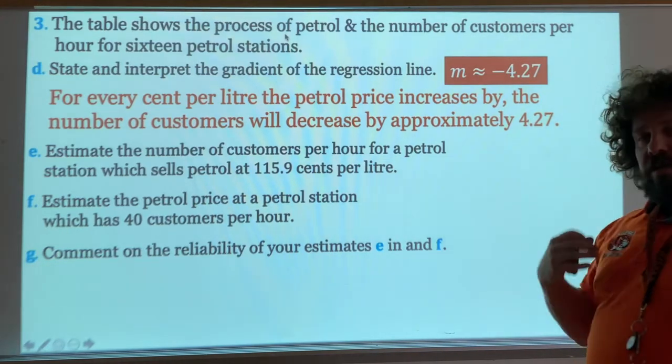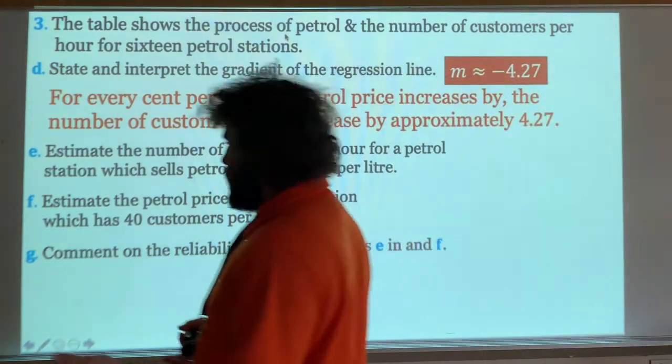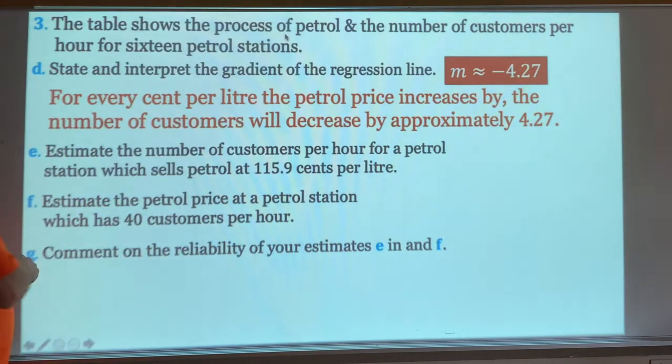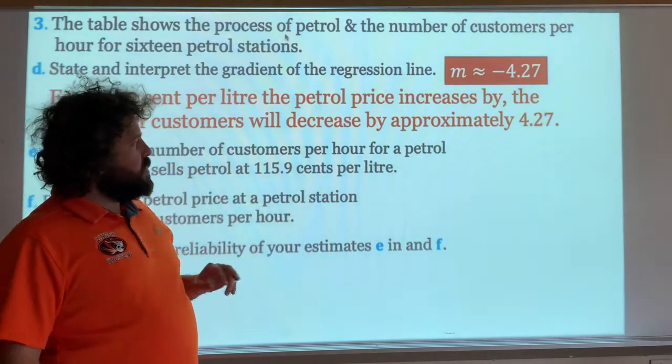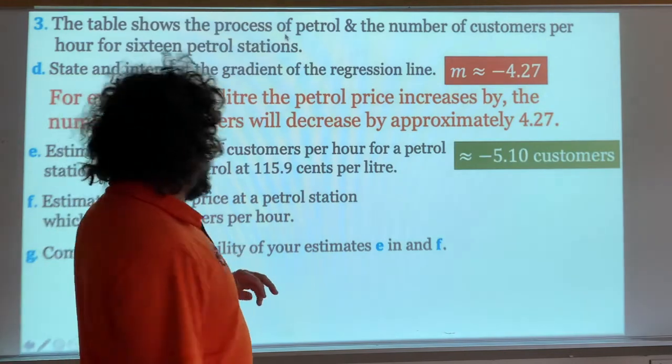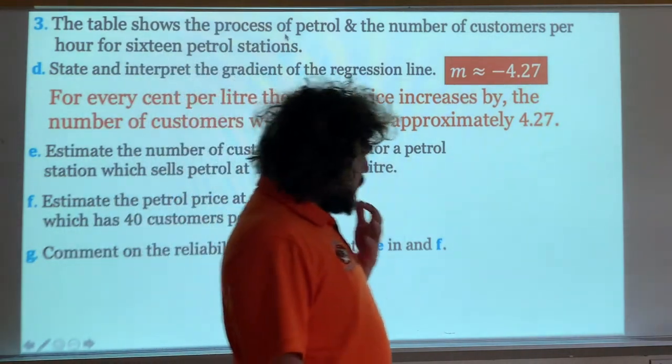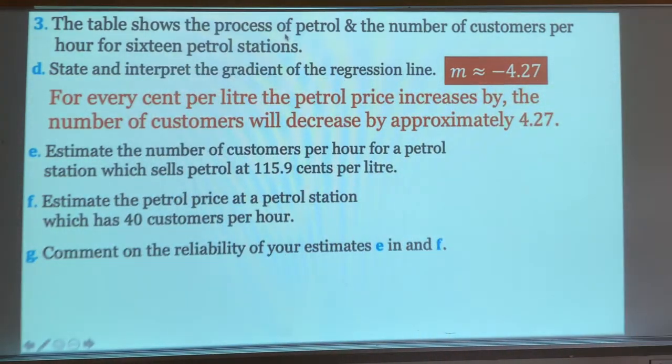And that makes sense. The more something costs, the less people are going to buy it. Estimate the number of customers per hour for a petrol station that sells petrol at 115.9 cents per liter. So what I want you to do is use the equation that we had.